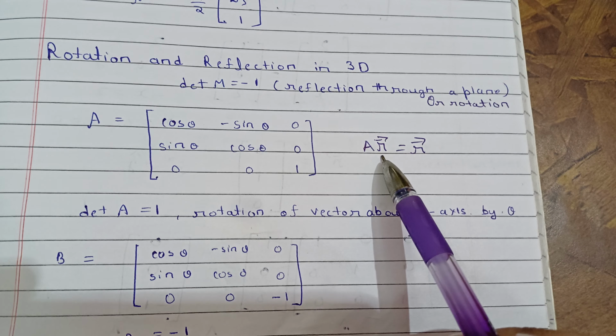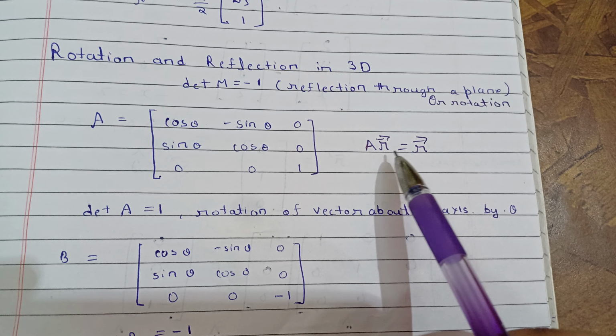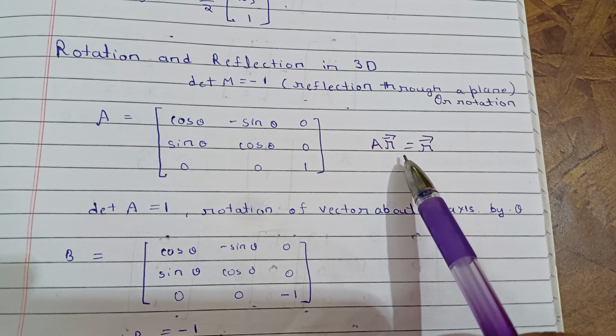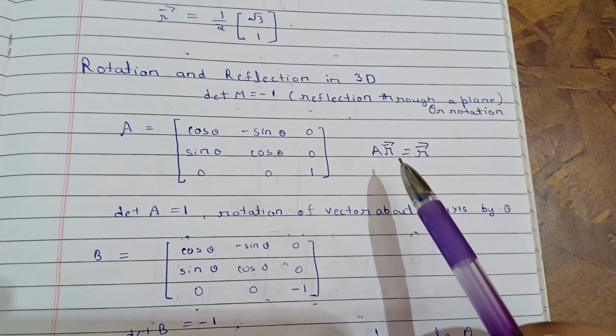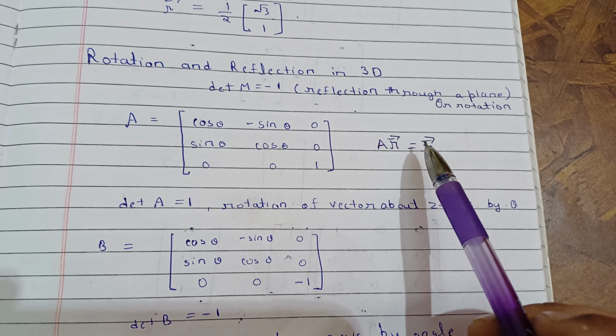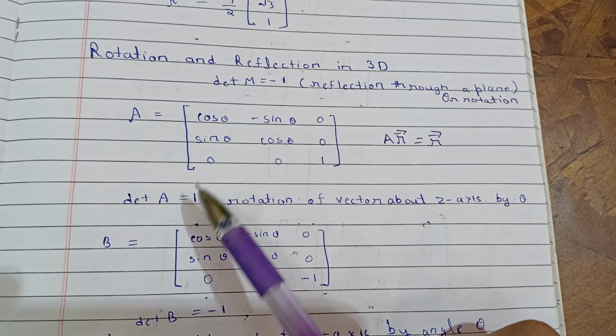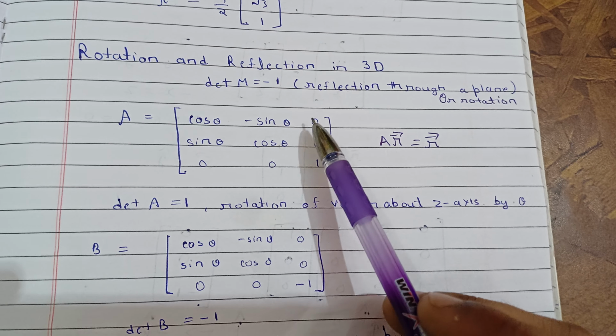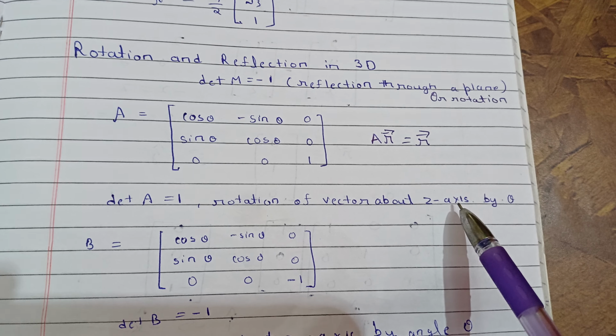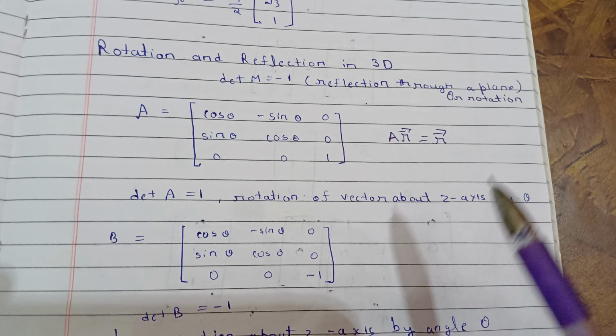If Ar = r, then r will be the rotational axis, because r is not changing with the rotation, since it is itself the rotation axis. Just remember this condition for determinant equal to 1, and this denotes the rotation along the z axis by angle theta.